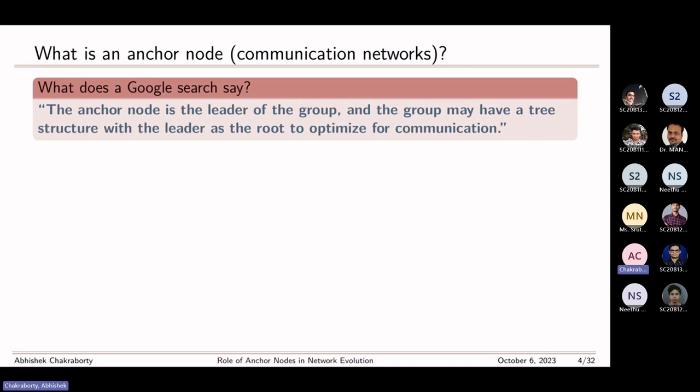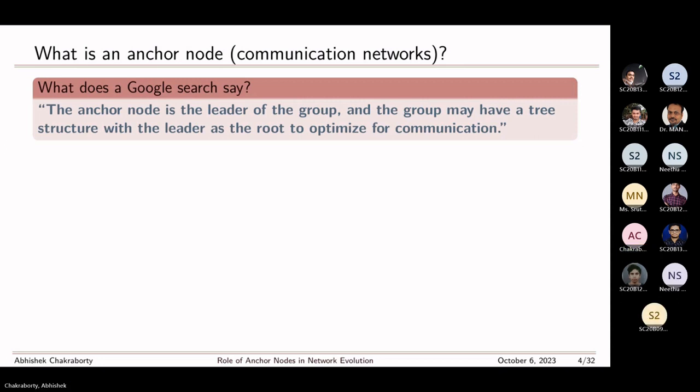The first answer that I got from Google search tells us that the anchor node is the leader of the group. And the group may have a tree structure with the leader as the root to optimize for communication.